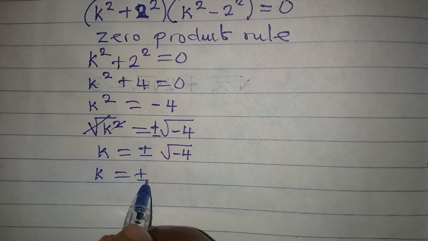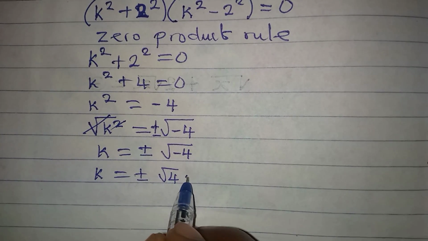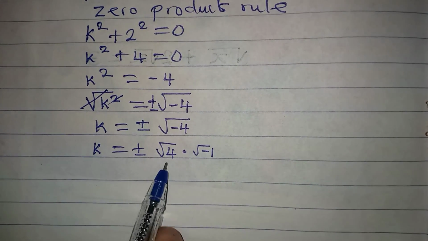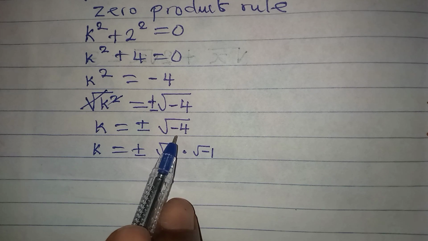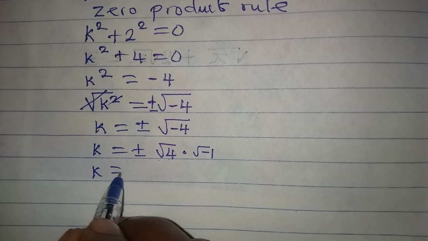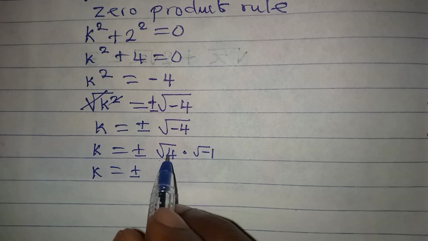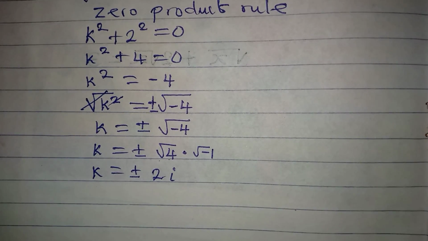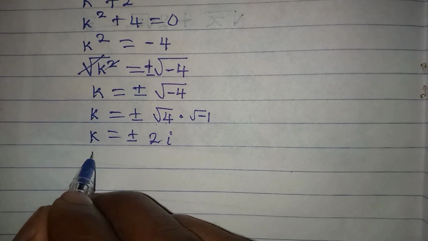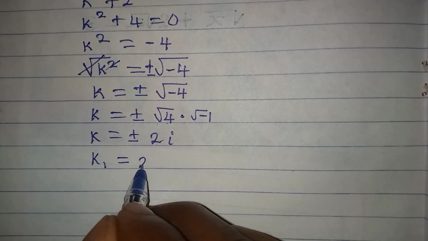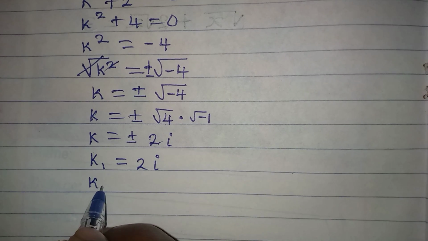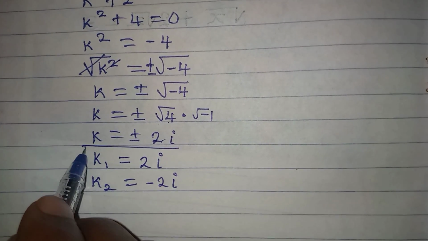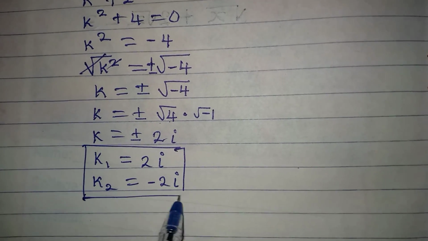K is plus or minus the square root of 4 multiplied by the square root of negative 1. If you multiply this, you will still have the square root of negative 4, right? So k is plus or minus, the square root of 4 is 2, then the square root of negative 1 is i. From here, we have two solutions: k1 is equal to 2i, and k2 is equal to negative 2i. So this is what we have from the first factor.